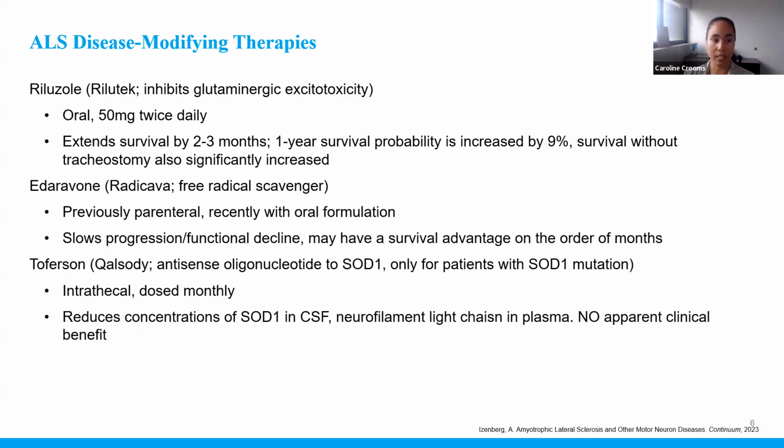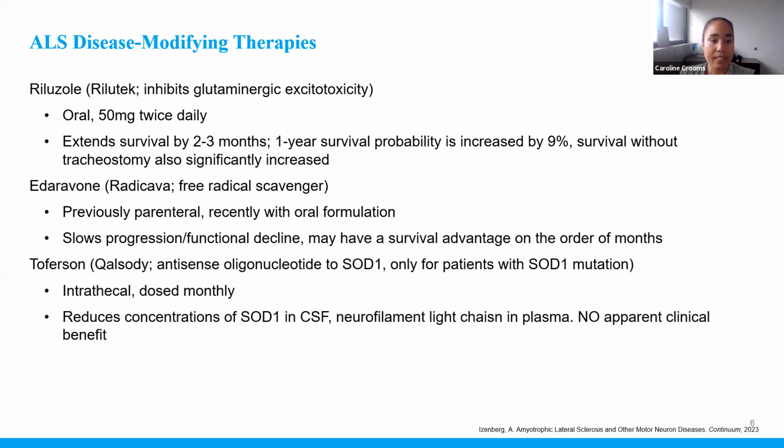It's a pill that's taken twice daily, and on average, it extends survival by 2 to 3 months in clinical trials. One-year survival probability is increased by 9%, and then survival without tracheostomy is also significantly increased. So these are things that people really care about. And when you're talking about a prognosis on the order of 3 to 5 years, 2 to 3 months is non-trivial.